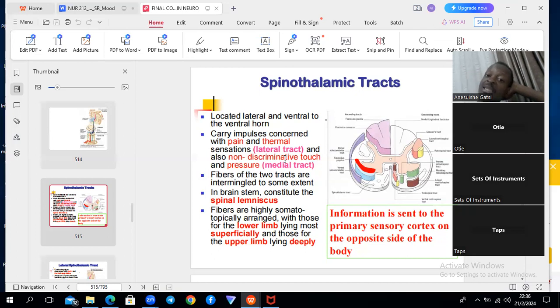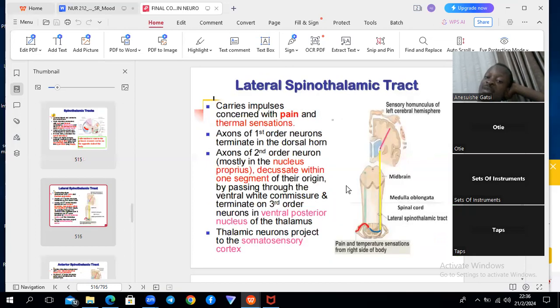So this one, unlike, so let's look at this diagram. Unlike the dorsal column that we just talked about, the spinothalamic, what happens is when it enters the spinal cord, at the level of entry, so don't quote me wrong, I'm trying to make it simple, at the level of entry, this spinothalamic will cross to the opposite side.